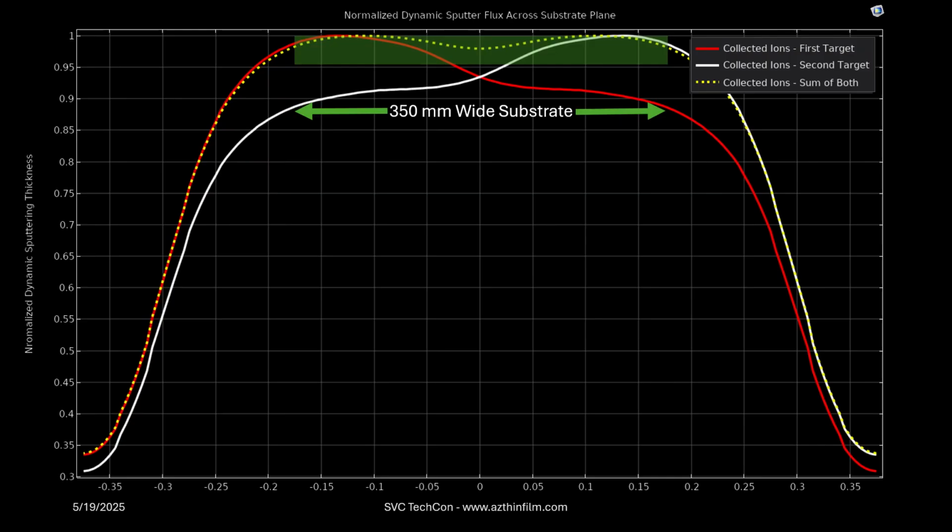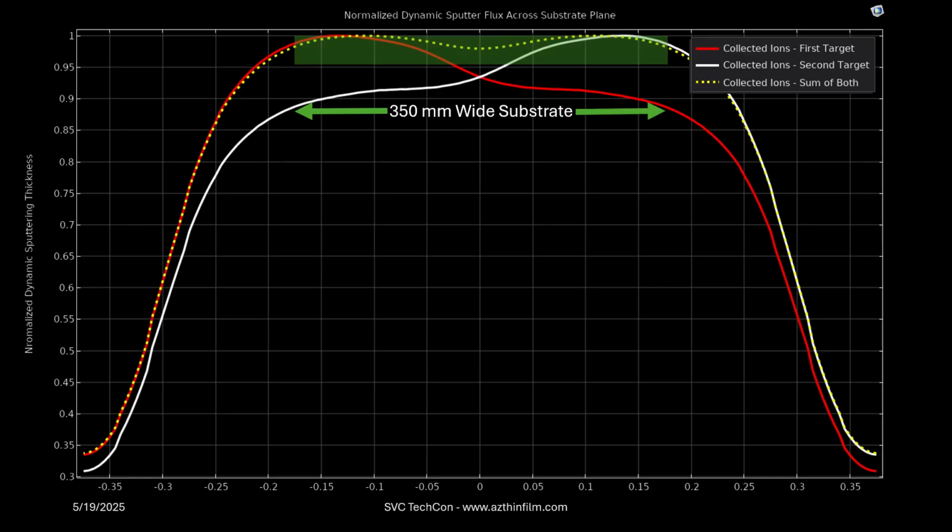We're more like plus or minus 4% on the individual targets, which is going to have multiple impacts. One, the target utilization is going to be very poor. You're going to have a very slanted target utilization that'll slant opposite directions for each target. And then you'll also have, if we are doing a dielectric material like silicon oxide or silicon nitride from a silicon target, film gradients.